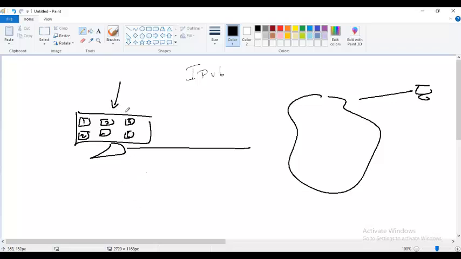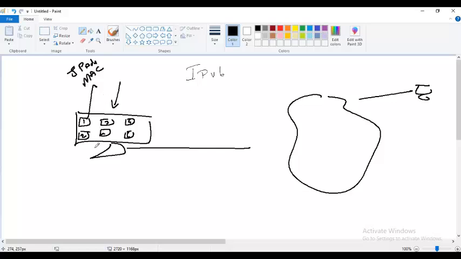Here, logically, they are separated as 6 computers. They have their own MAC address, own IP address, own IP stack, the layers, OSI layers, etc.